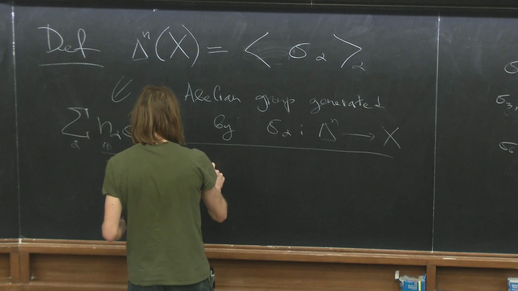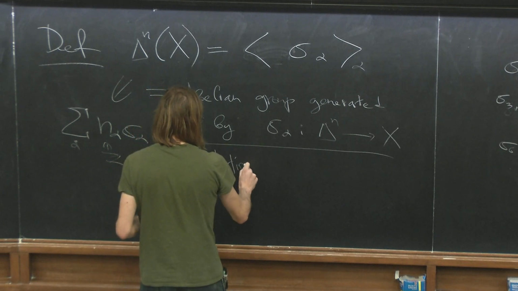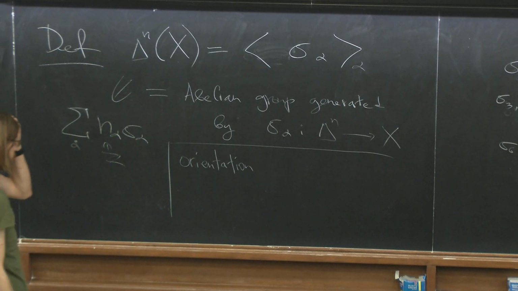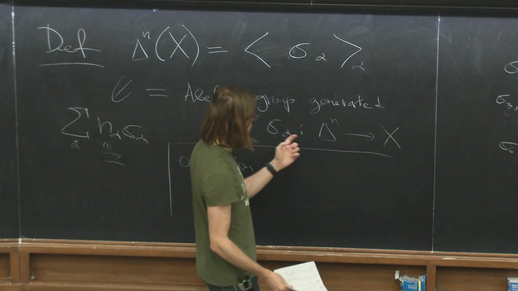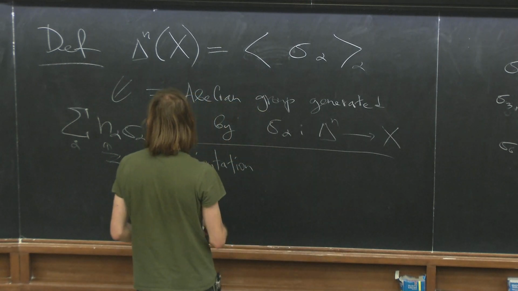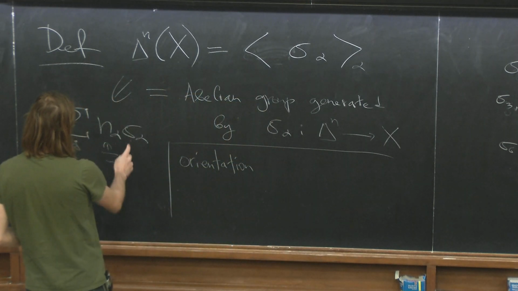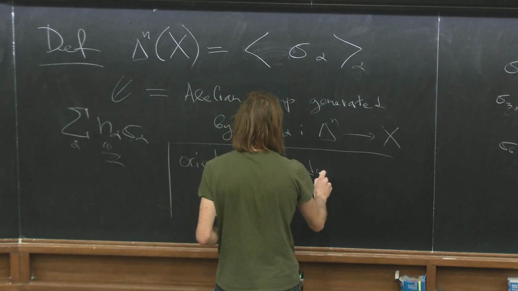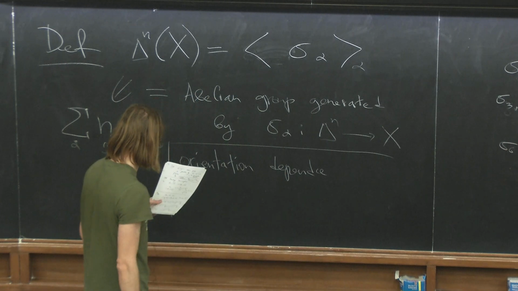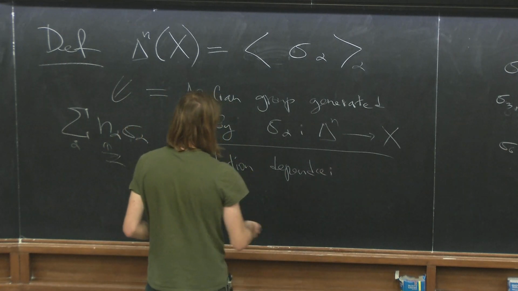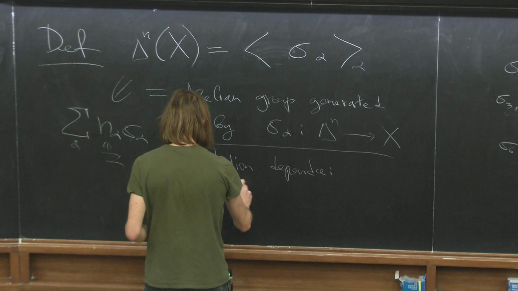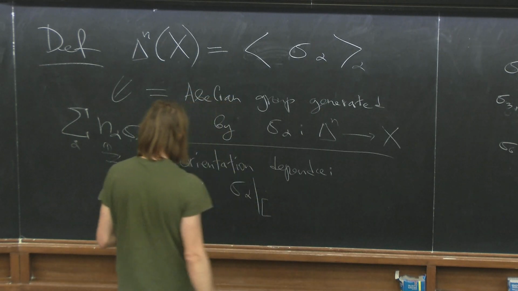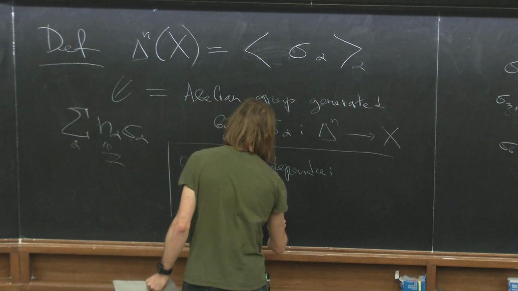But in principle, we can change it. In this abelian group, we can change the order of vertices at the possible cost of an extra sign, a change of sign of this sigma. Namely, one has the following dependence on the orientation of the simplex, or equivalently the order of our vertices.